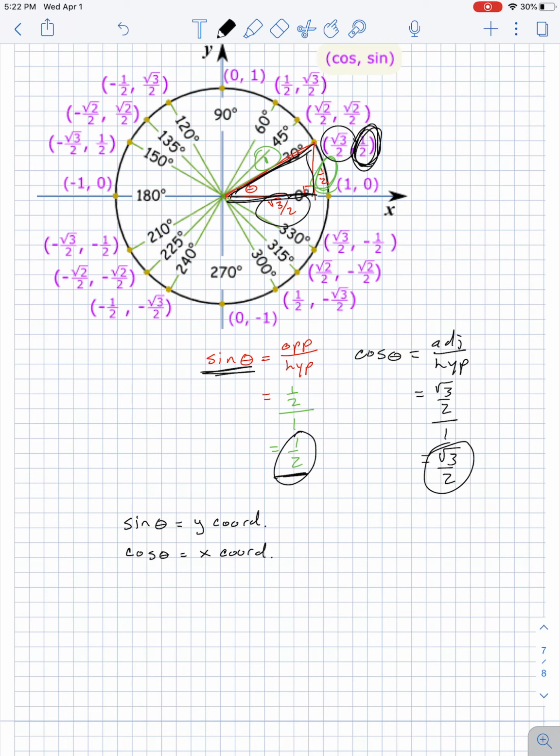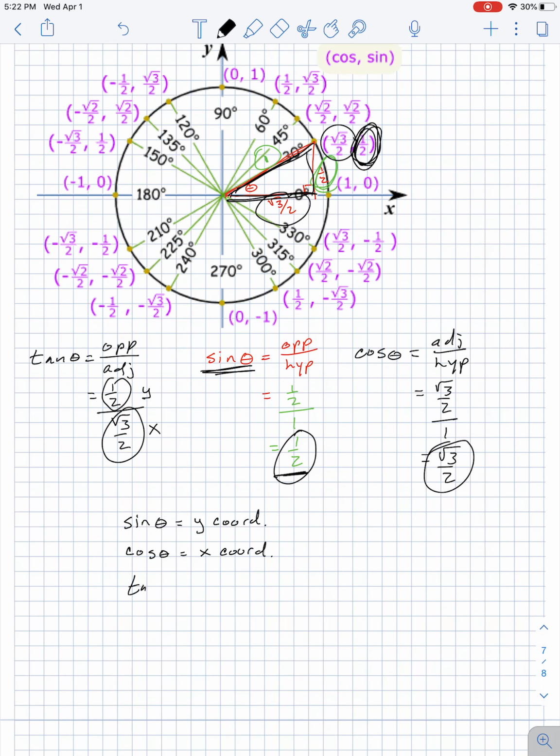Now, what about the tangent? Let's look at that. Tangent of theta is opposite over adjacent. Well, the opposite side is 1/2, and the adjacent side is root 3 over 2. But look at what this is. 1/2 is the y-coordinate on that point, and root 3 over 2 is the x-coordinate.